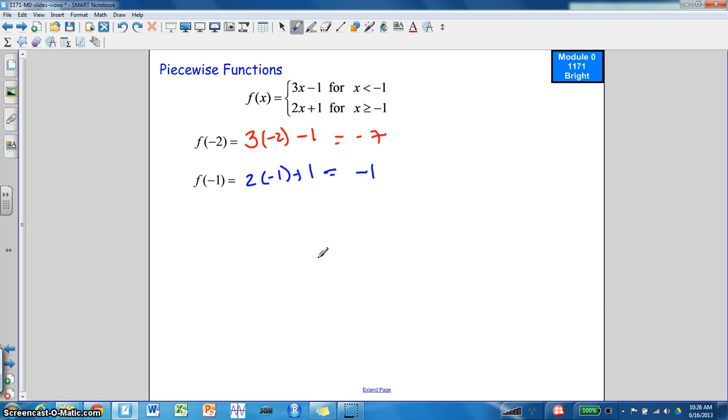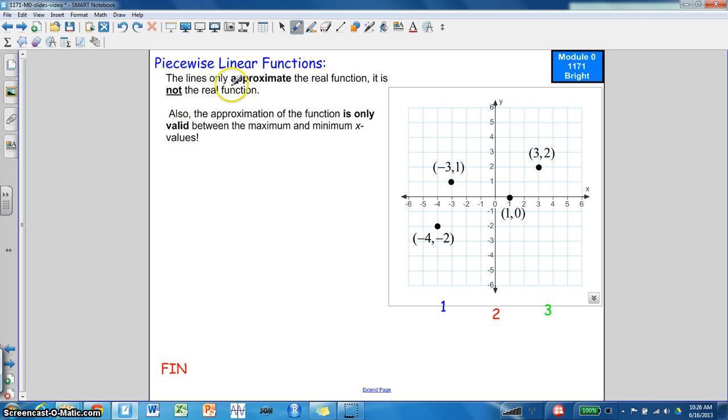In particular, we are going to be focusing on piecewise linear functions. These are especially useful when we have data points from a known function, but we don't know exactly what the function looks like. What we can do to estimate that function is make lines in between the data points, just like so.